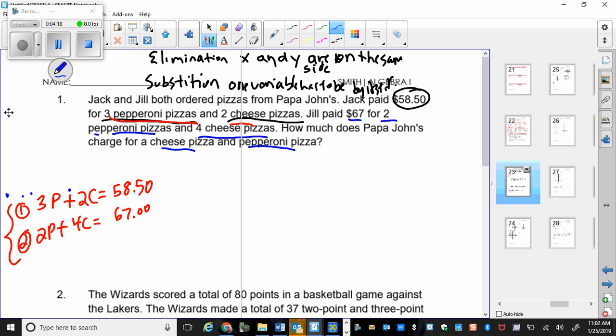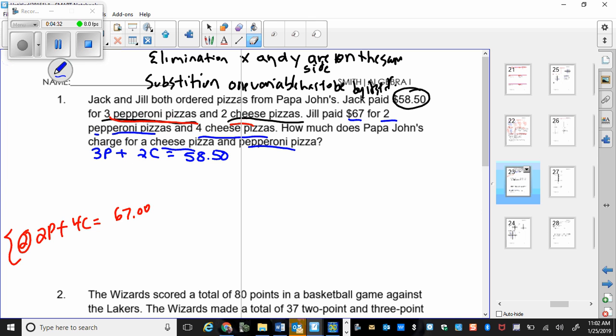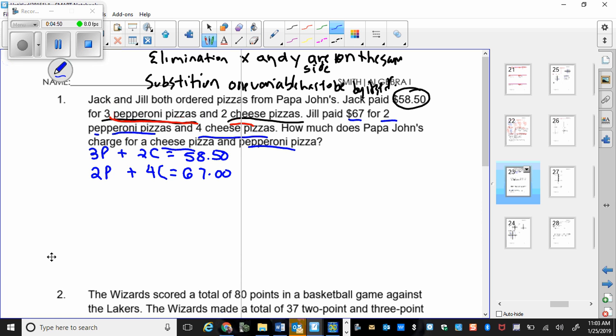So I'm going to rewrite, and I have 3 P's plus 2 C's equals 58.50, and we're going to use elimination. And then I have 2 P's, my bad. Let's write the 3P back. 2 P's plus 4 C's equals $67. So don't be sloppy like I've been. I'm going to try to change my ways here.